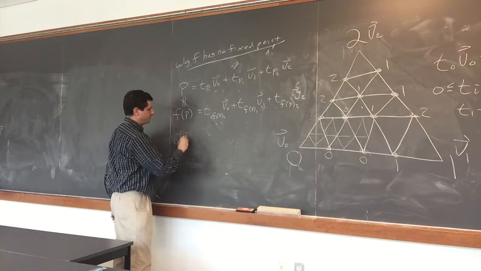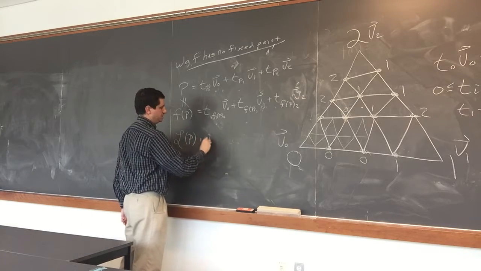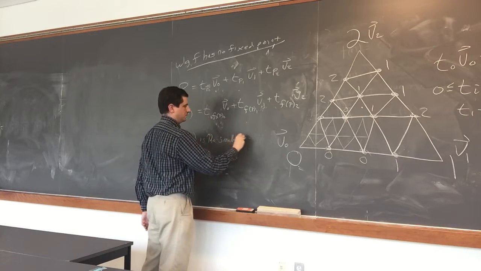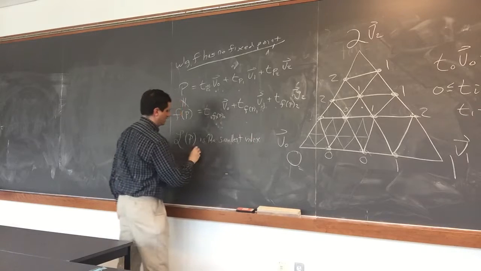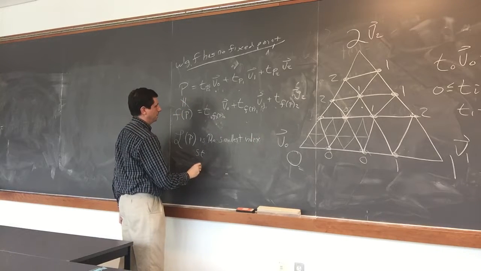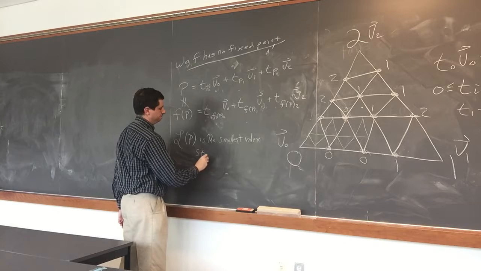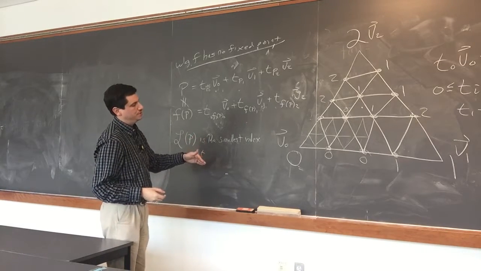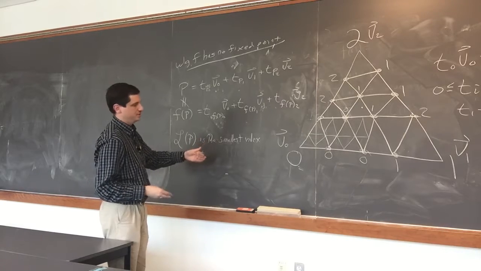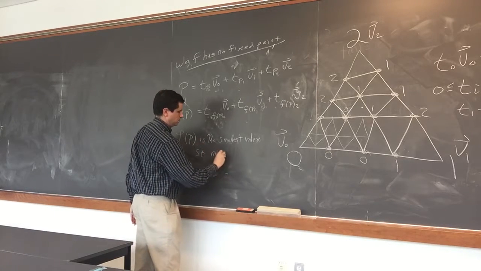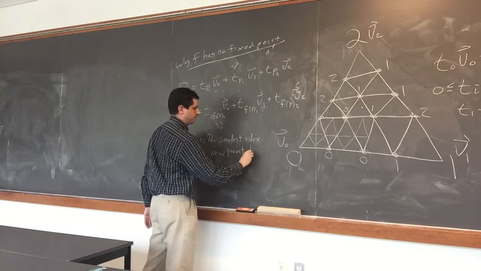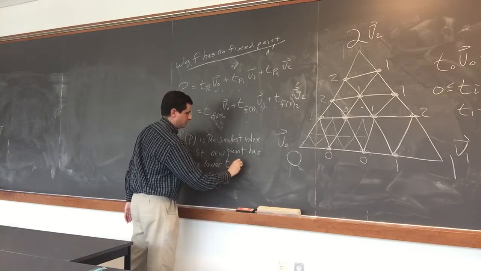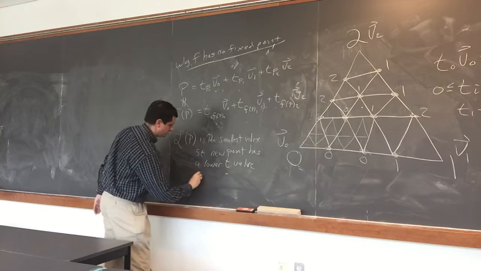We'll do the label function of P is the smallest index such that the new point has a lower t value at that index.